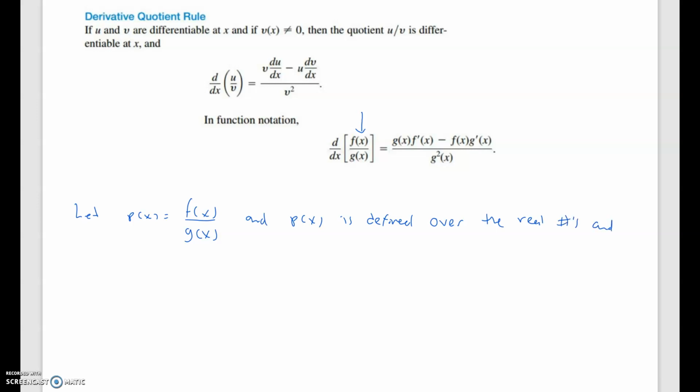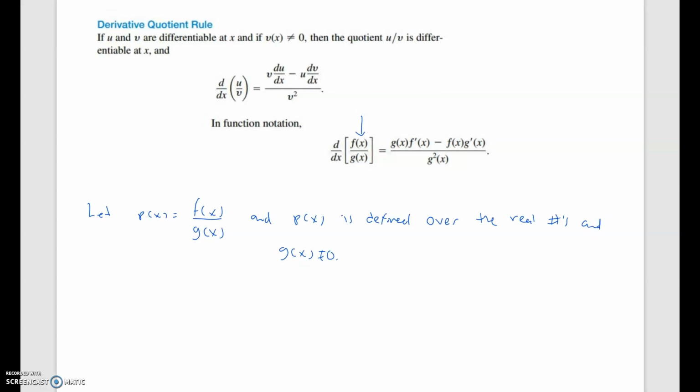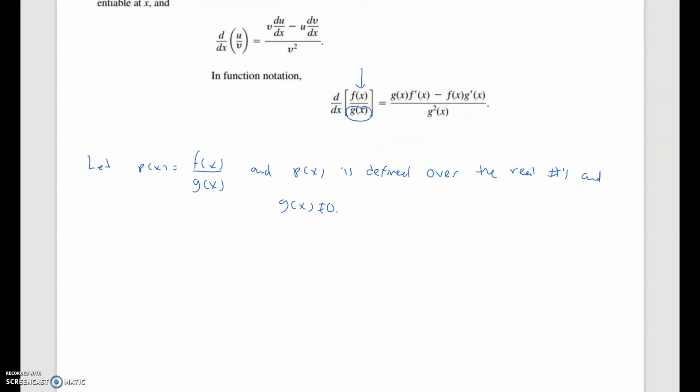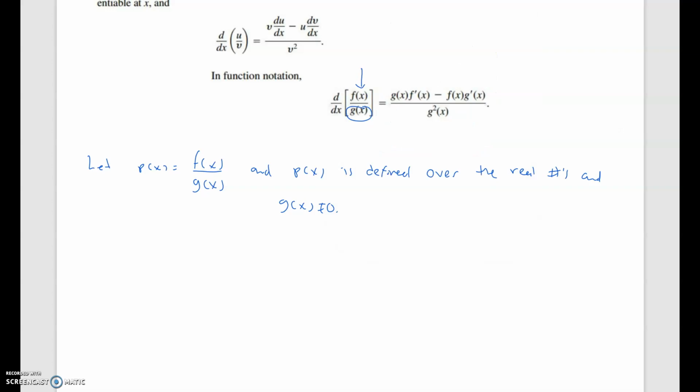And what's important here is that the function g of x is not equal to 0. So we don't want any situations where the function is undefined, meaning it's defined everywhere except where the denominator equals 0, because then you're not going to be able to evaluate the derivative.